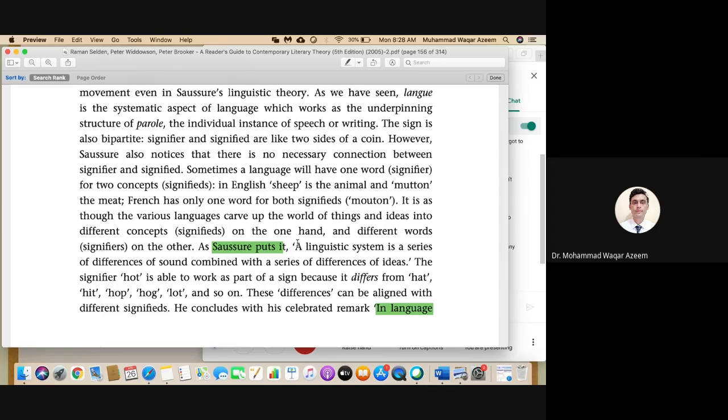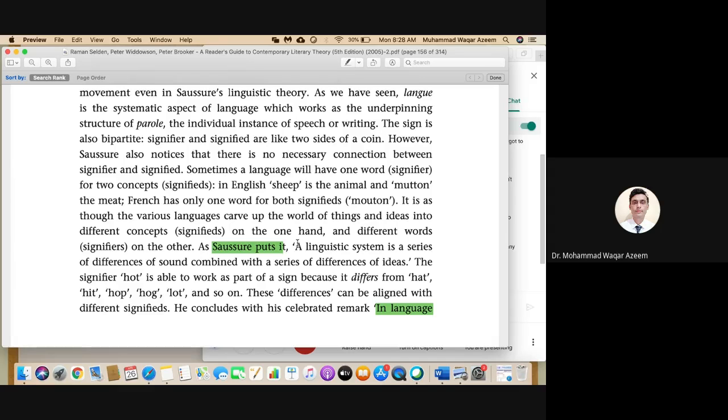In other words, if we treat the word parcel as a sign and divide it into signifier and signified, then the word parcel, as I am pronouncing it for you, should have a signified as well, right?